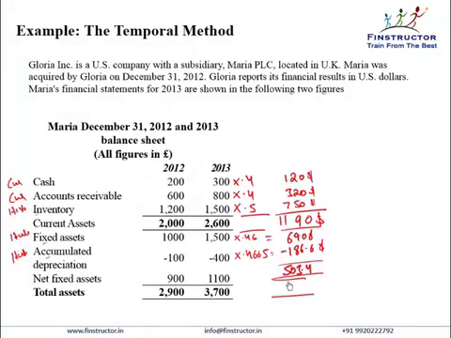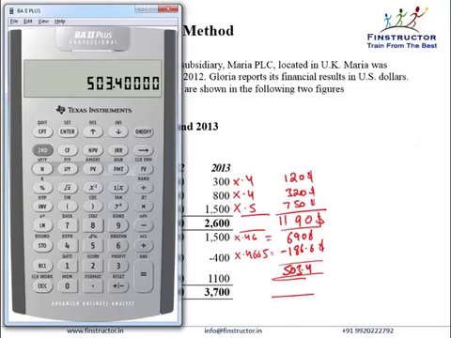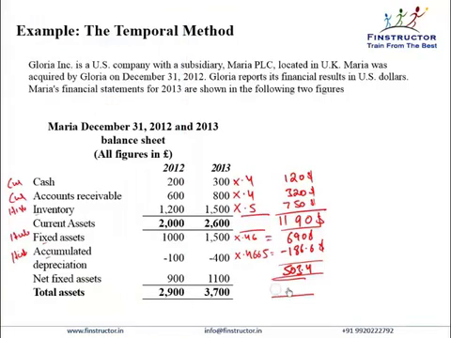So the total assets would be the sum of the net fixed assets plus the current assets. So that will be 503.4 plus 1190. That comes out to be $1693.4.